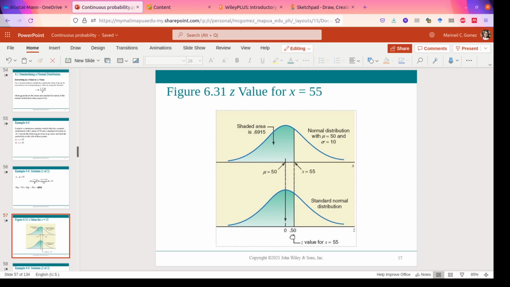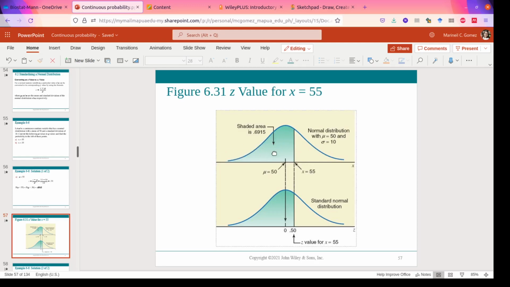So you just superimpose it, and then you have your value of x. You are looking for the area to the left of x equals 55.